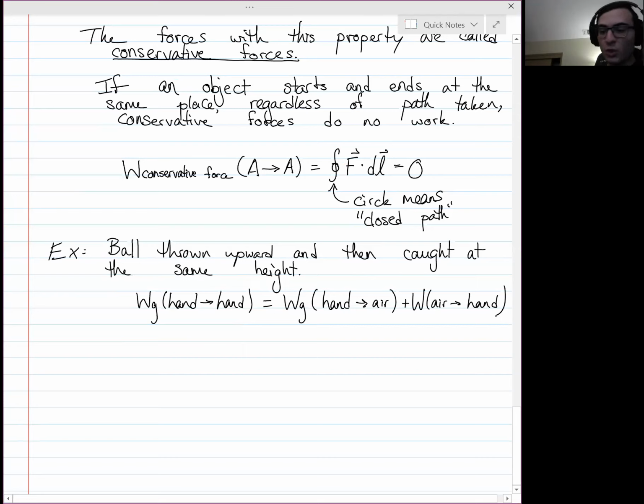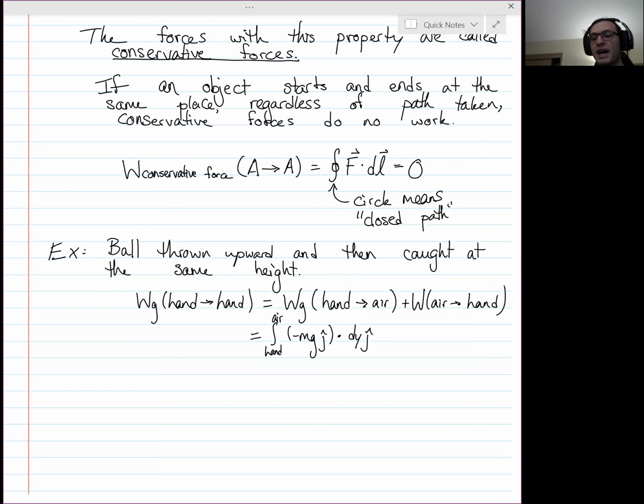So we can do these integrals. This is the integral from, say, the hand to the air. Remember, A is always at the bottom, B is always at the top. The force is minus mg j hat, dotted with dy j hat. In this case, because the ball is going upwards, the path vector dl is equal to dy j hat.